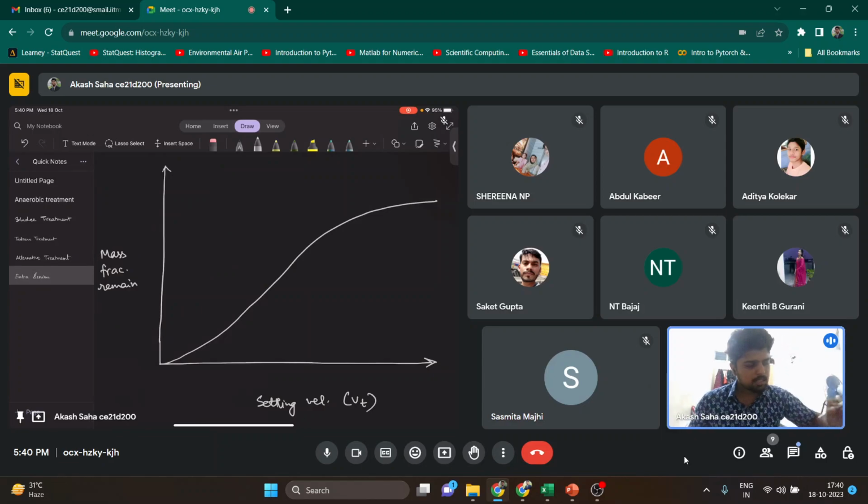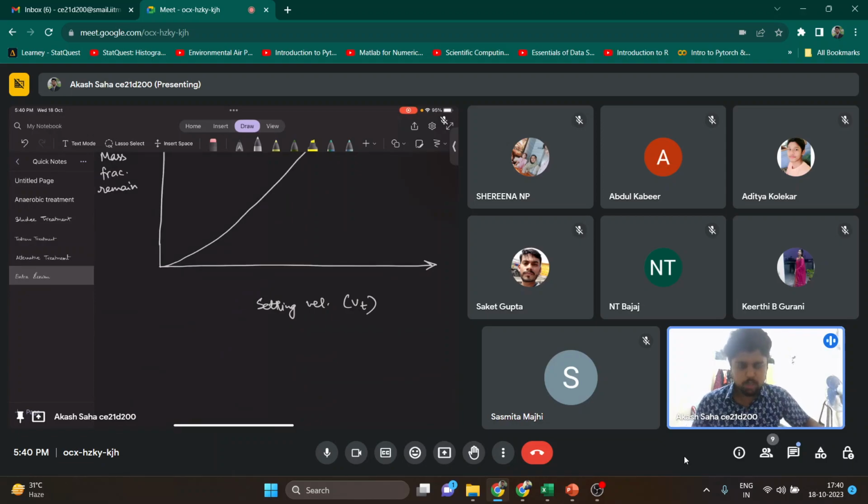Now, in the question it was given that my loading rate, or the surface overflow rate, V0, was given as 25 cubic meter per square meter per day, which is nothing but 1.74 into 10 to the power minus 2 meter per minute.